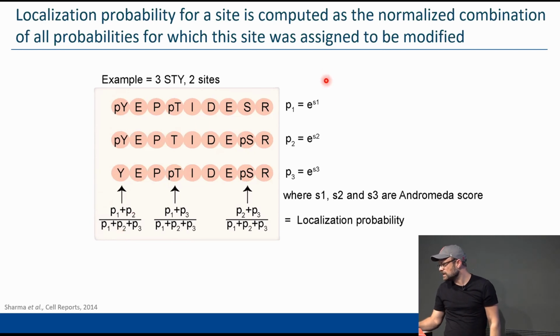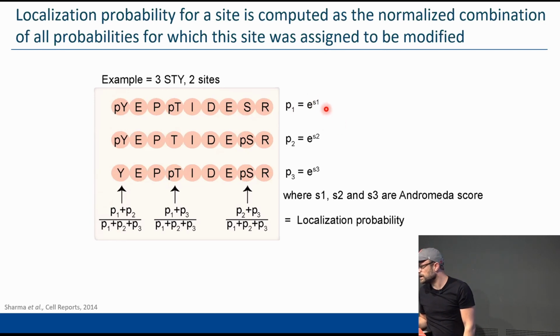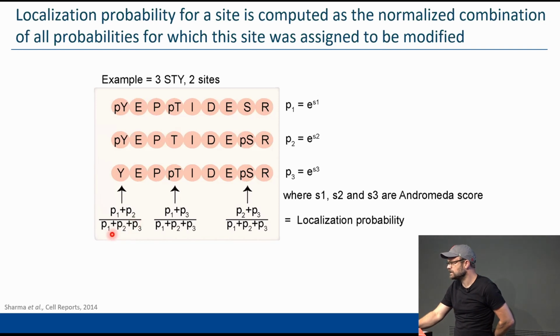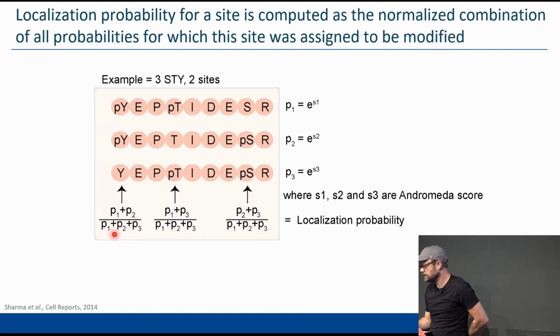So first, for this one, we calculate a P1 by using the Andromeda score as the exponent. And this is done for all of them. So the localization can then be calculated by the sum of these P's for the modified peptides, and this is normalized with the sum of all of them. And this gives the localization probability.